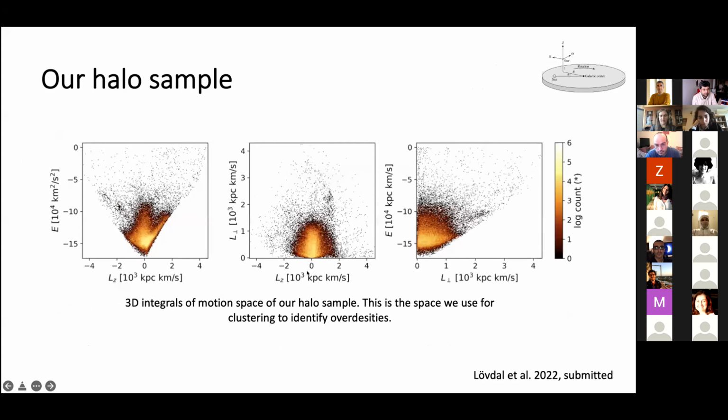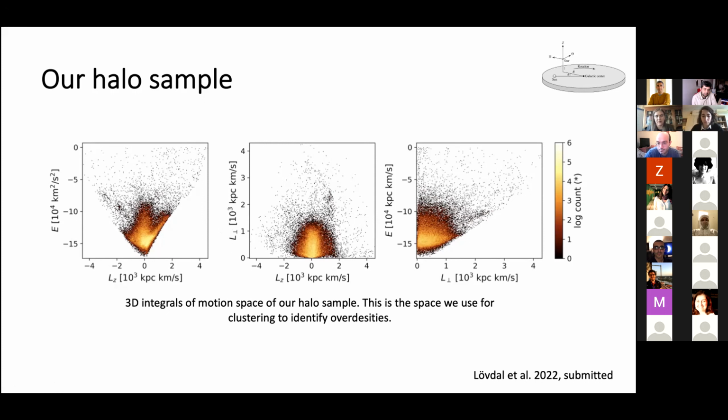So that sample looks like this when we plot it in integral of motion space. So you see here, this is the energy that I was talking about earlier. This is the Z component of the angular momentum. And then this third component is L perp, or L perpendicular, which is the other component of the angular momentum. So in total, L perp and LZ make up our total angular momentum.